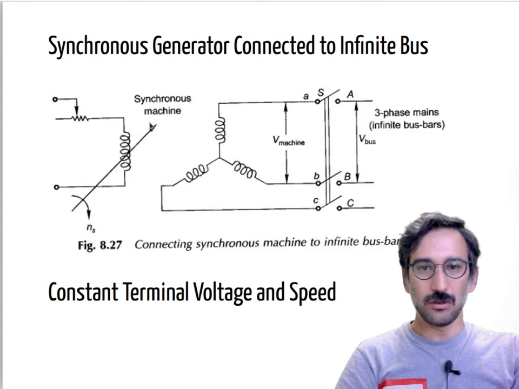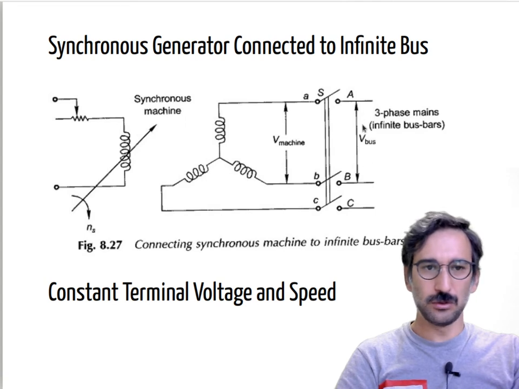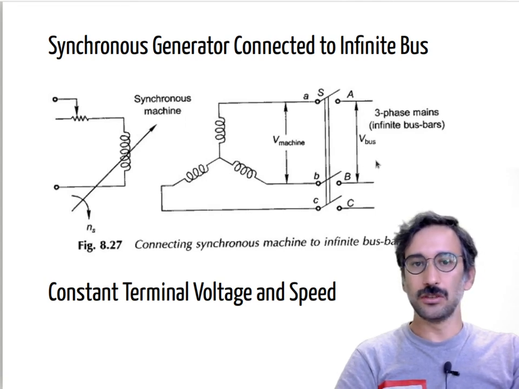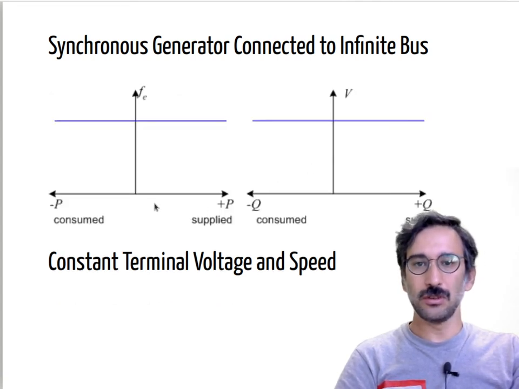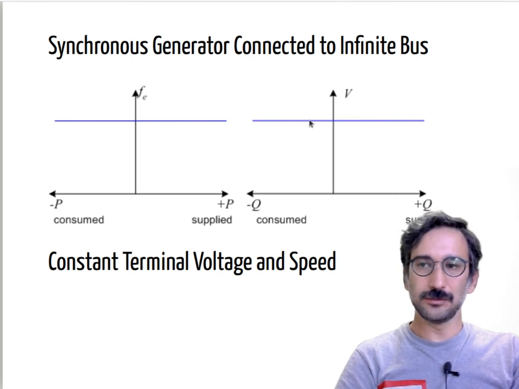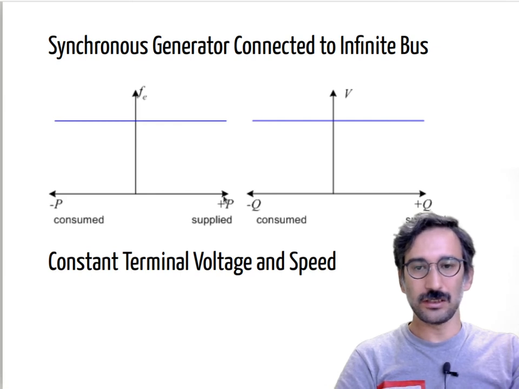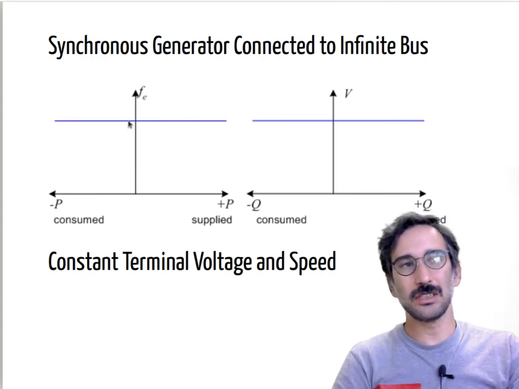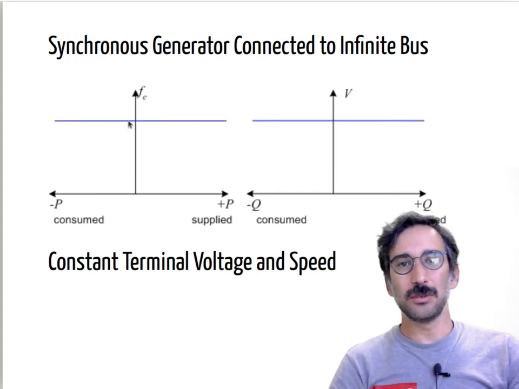You can control the field current to control the EF, but you don't have any control over the terminal voltage. So it is the synchronous generator connected to the infinite bus. Even if you are supplying power as a generator, or consuming power, the frequency will stay at 60 Hz.